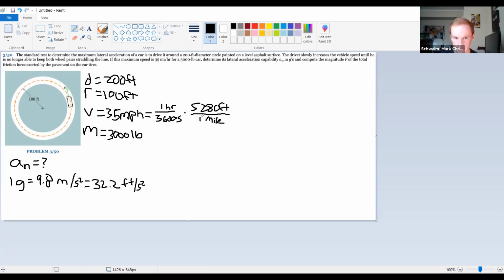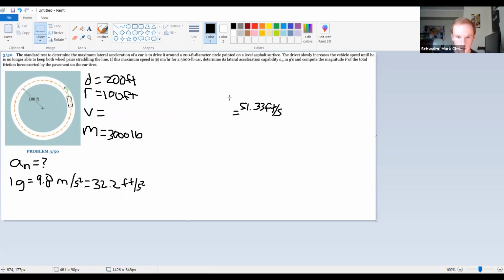Cool. That is going to give us 51.33 feet per second. Now that we did that, I'm just going to get rid of all of this and drag this over, and we'll just use that the rest of the time.